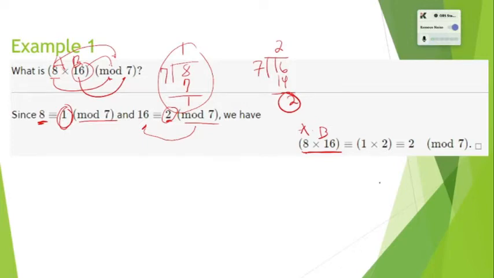Yan. Kinuha lang yung equivalence nila. So, kumbaga, sinimplify lang to. Then, ito ang naging result niya. So, therefore, if we simplify this further, that is 8 times 16.